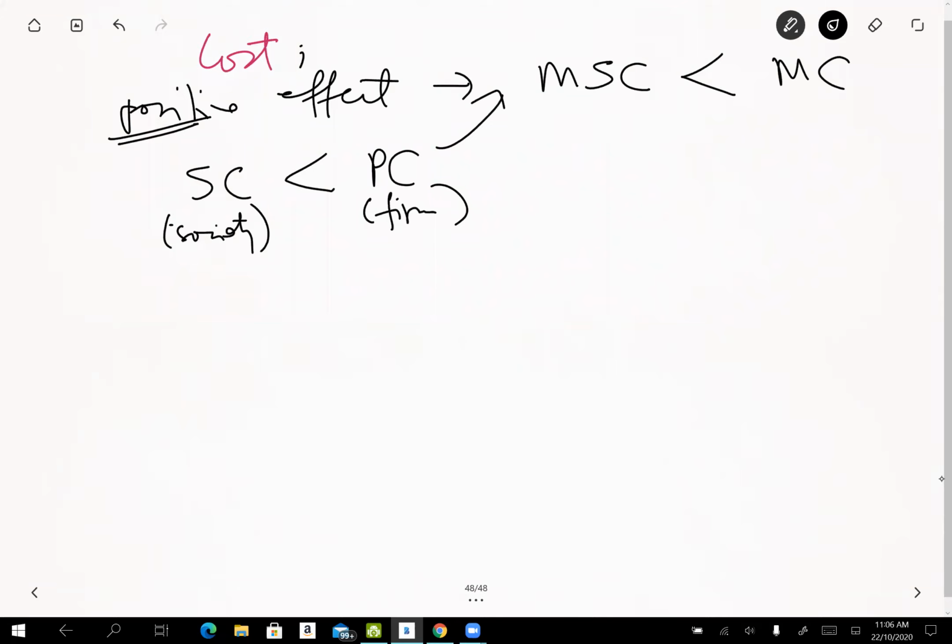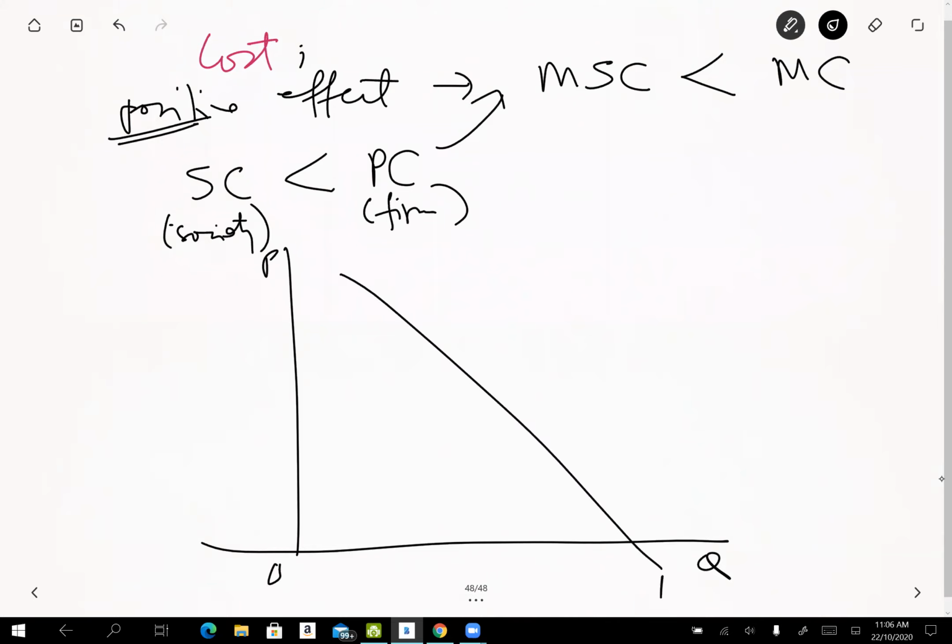So if you would draw the diagram, but now I think we can locate the diagram easily. If you draw the diagram, you will see that is the marginal benefit. That is the marginal cost.